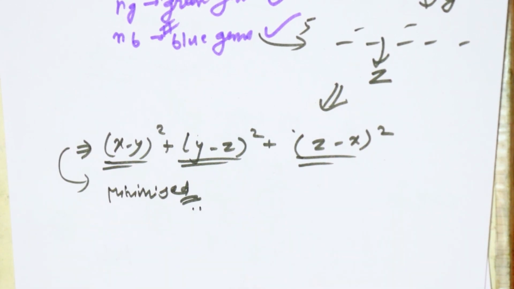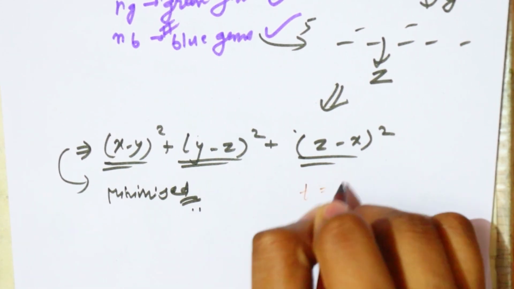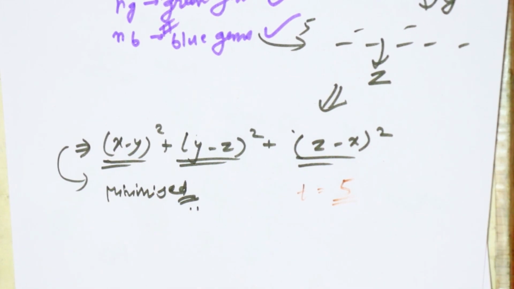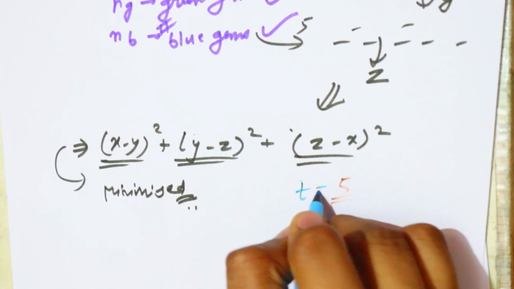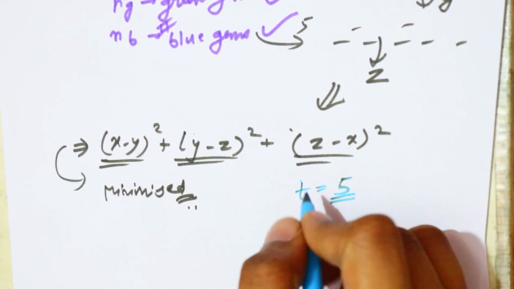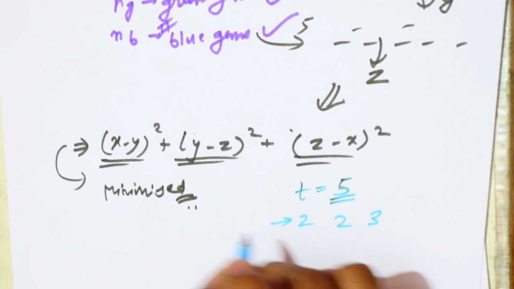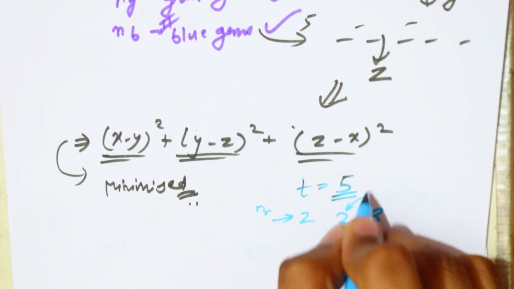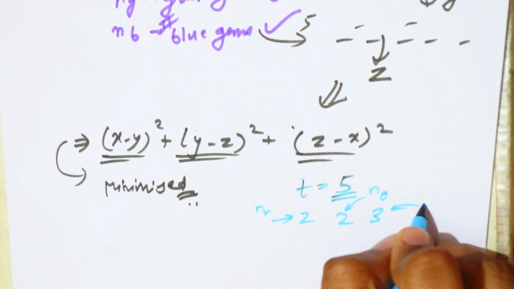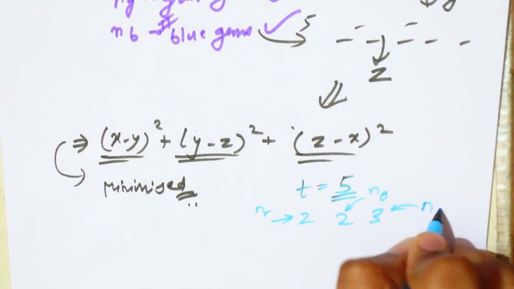Now let's take the first example. First of all we have T, which is 5. After that we have 2, 2 and 3, which are the number of red gems, the number of green gems and the number of blue gems, NR, NG, NB.